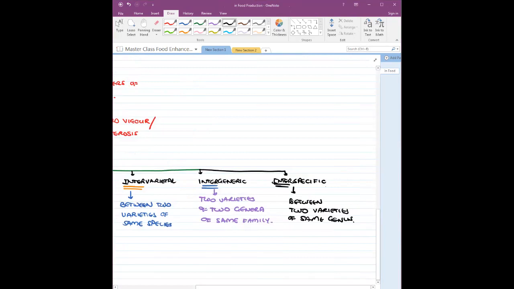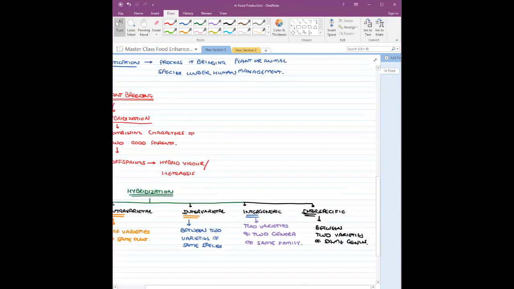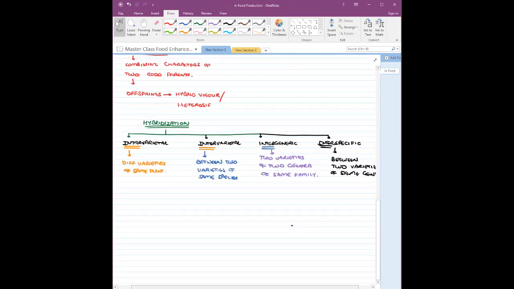So guys, these are four different ways by which we can bring about hybridization, selecting what you are actually looking for. Always remember Mendel's homozygosity. What is it going to result into? Someday or the other, it is going to result into inbreeding depression.